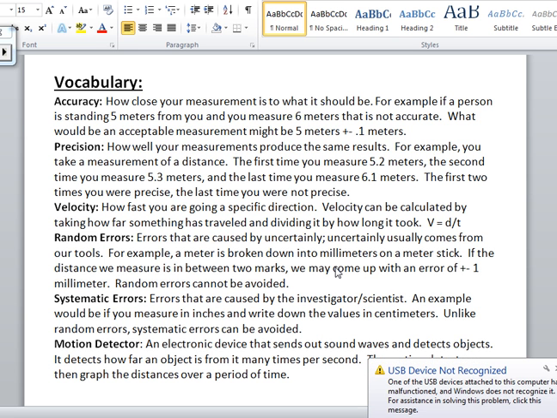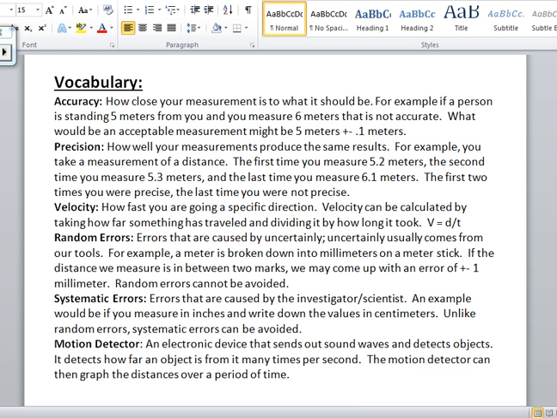Now, if you did 60 miles per hour north, that would be your velocity, because then you also have a direction. Now, in science, we will calculate velocity as distance divided by time.